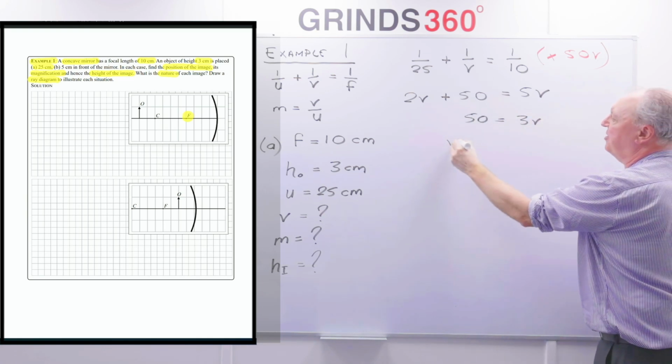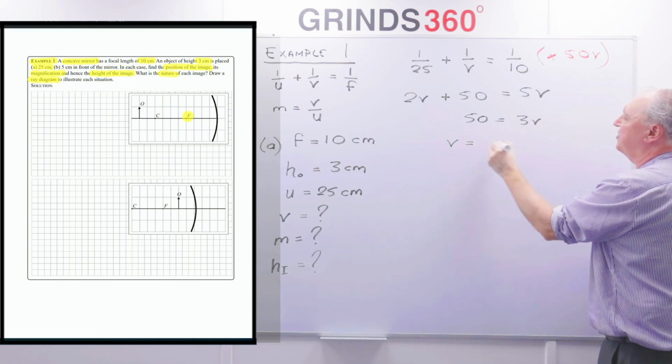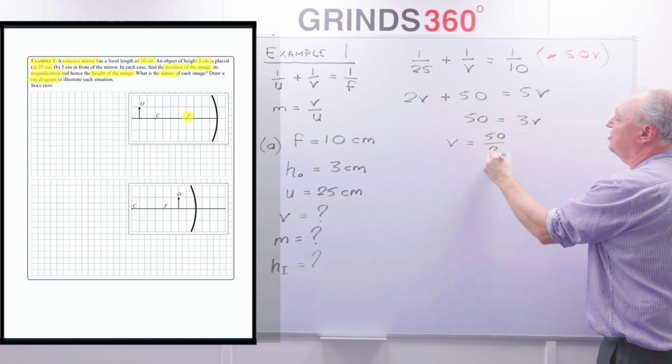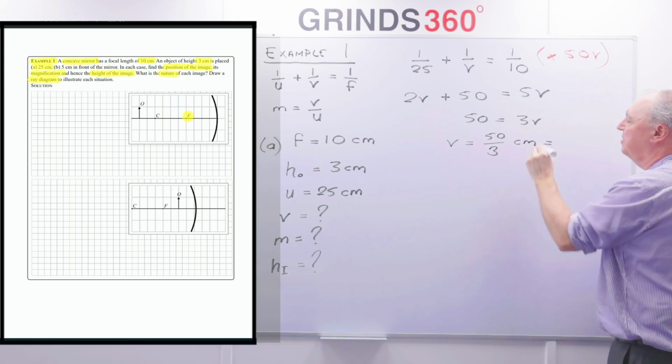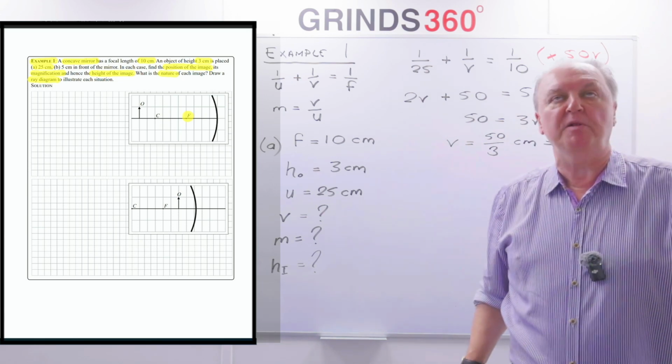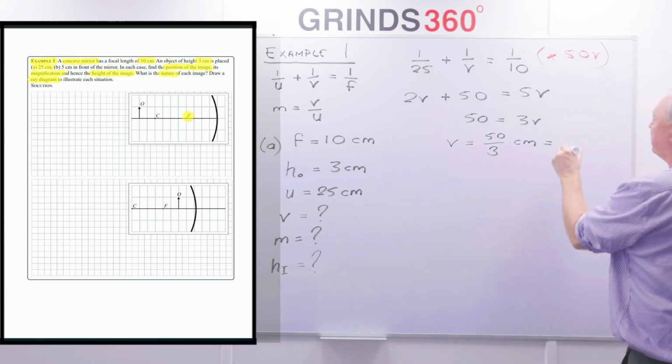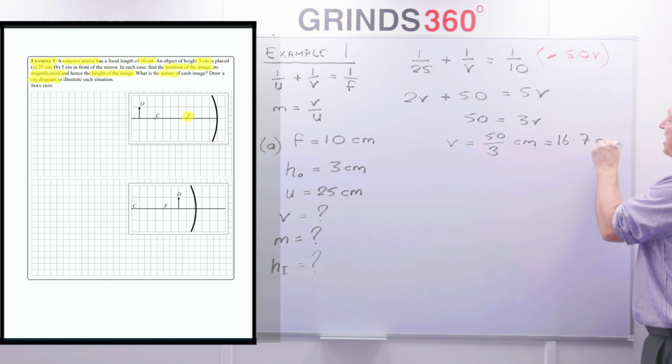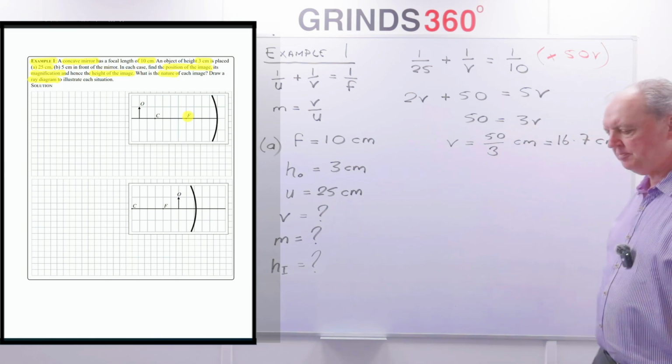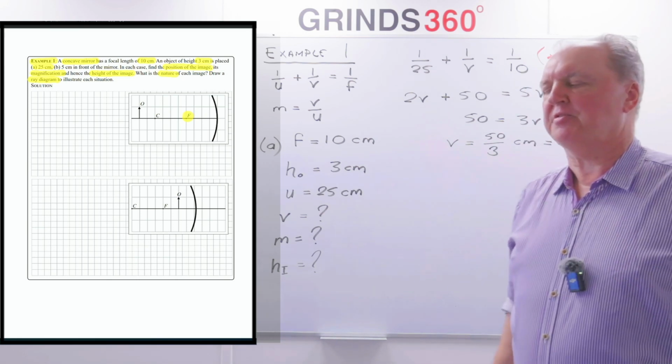So therefore my answer is V is 50 thirds centimeters. If you want to work that out as a decimal, that's about 16.7 centimeters. So that's the image distance.